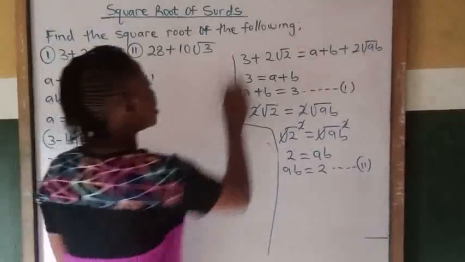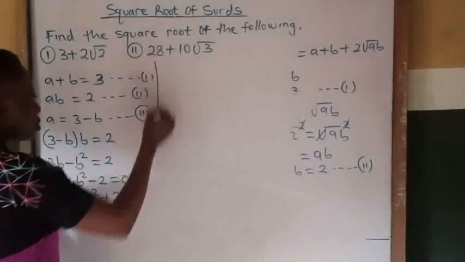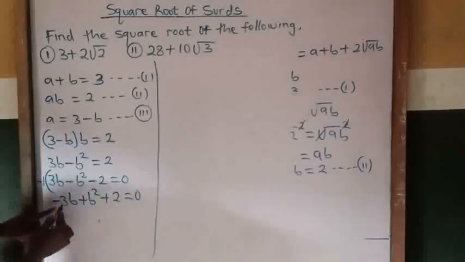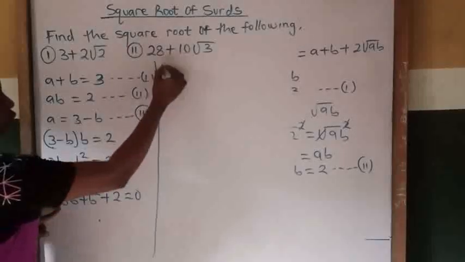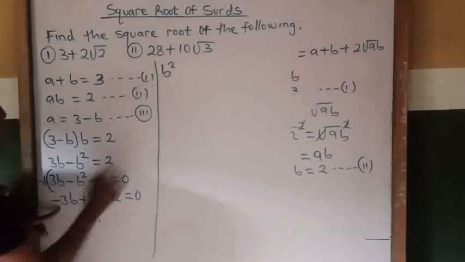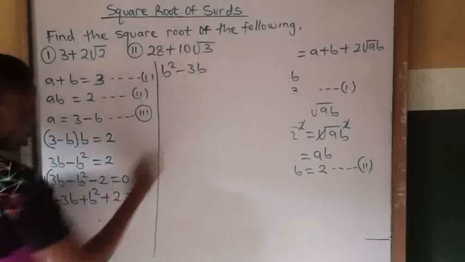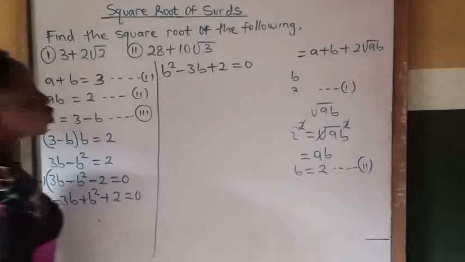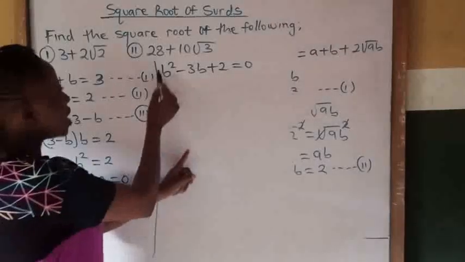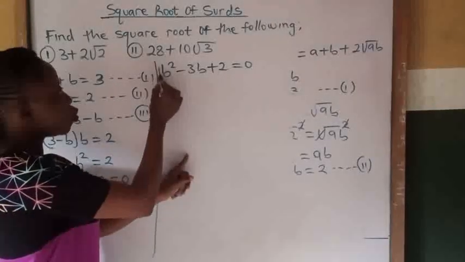So we can factorize now. Let's arrange it. Let's positive come first. So we are going to have B squared, then minus 3B plus 2 equal to 0. So we are going to factorize. The coefficient of this B is 1.